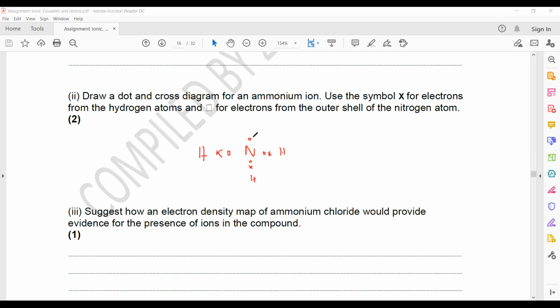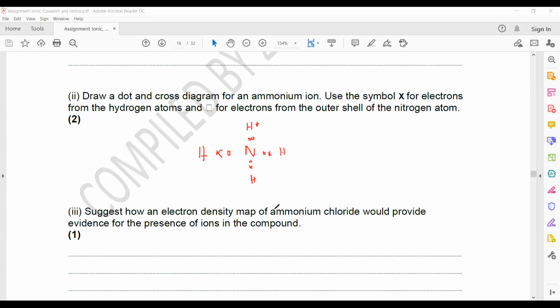And there's a lone pair. And the hydrogen is attracted, so there will be a positive ion. This is a dative bond.